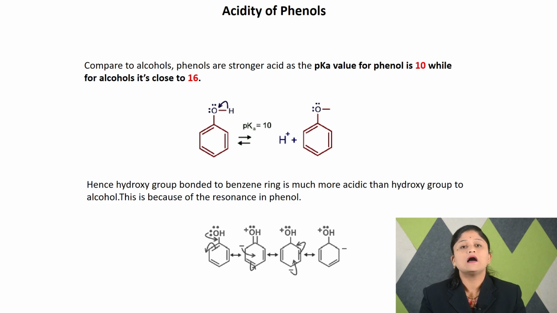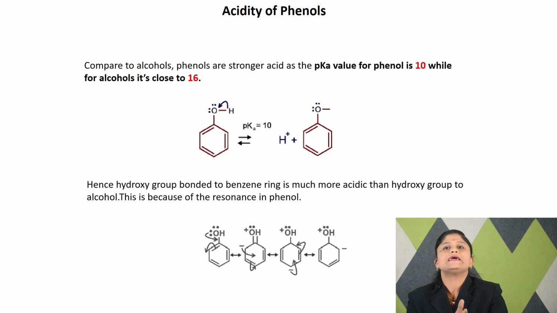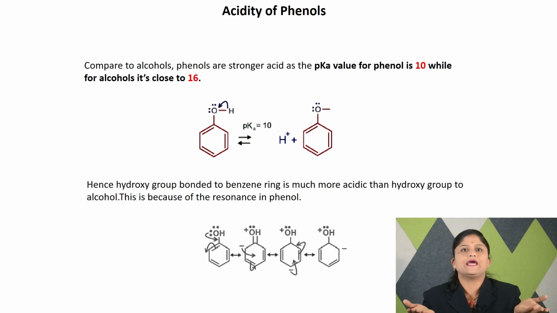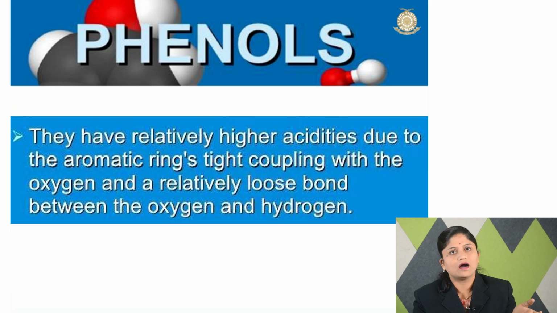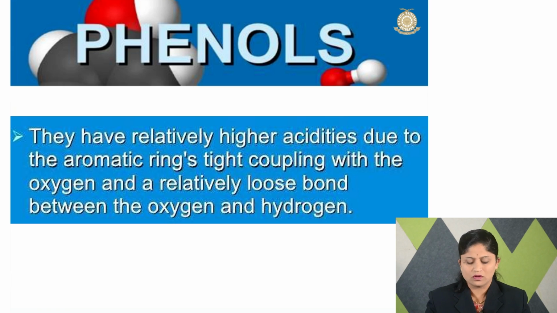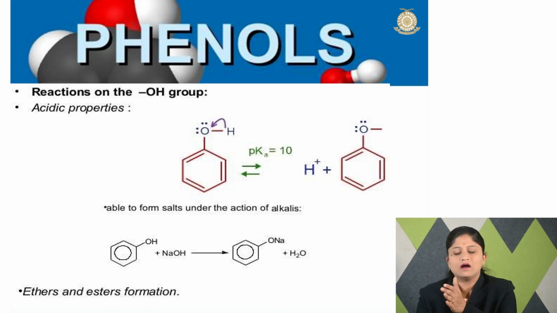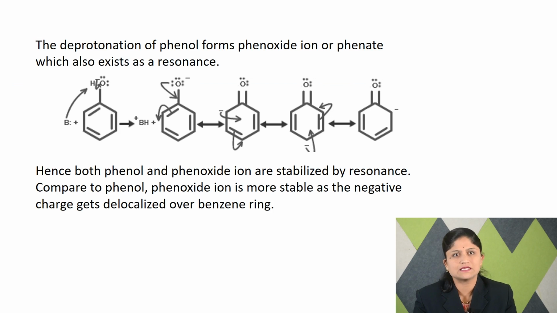So the property of donation of H plus ion in the aqueous environment is greater compared to aliphatic alcohol. The acidity of phenols is more than that of aliphatic alcohols, and this acidity is due to the ability to donate the H plus ion.